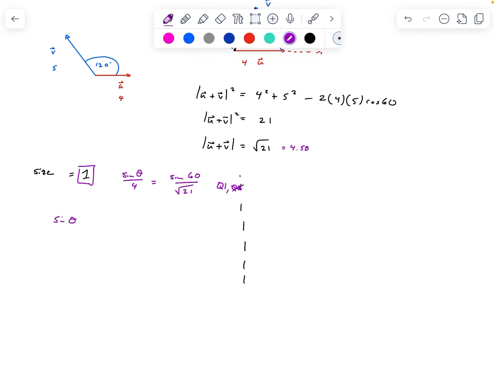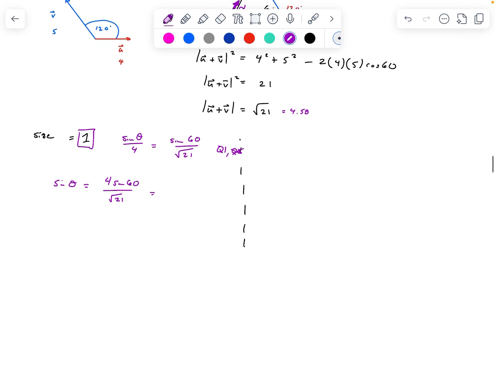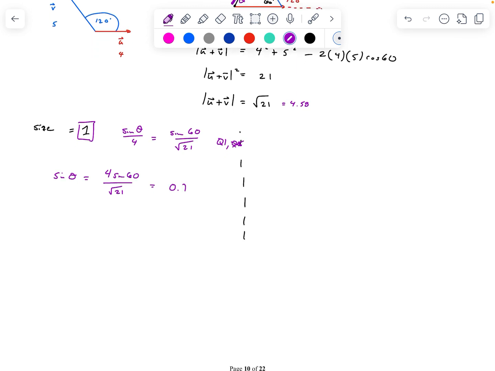So sine theta is equal to 4 sine 60 over root 21. That goes in my calculator. That's 0.7559. And theta is sine inverse of that, 49.1 degrees.